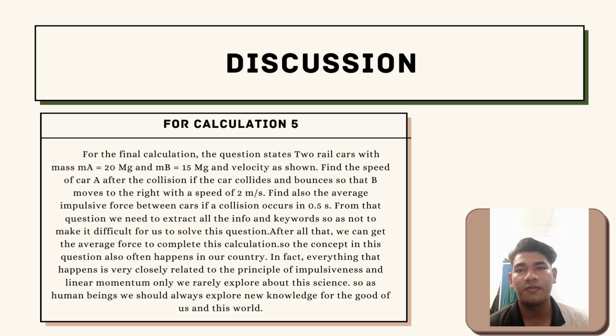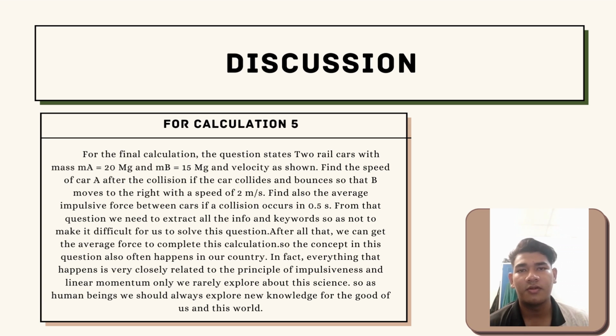Find also the average impulsive force between the cars if the collision occurs in 0.5 seconds. From that question, we need to extract all the info and keywords so as not to make it difficult for us to solve this question.